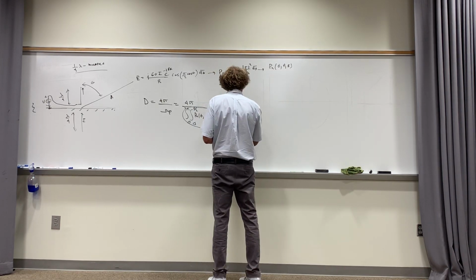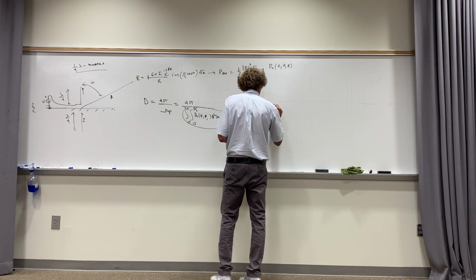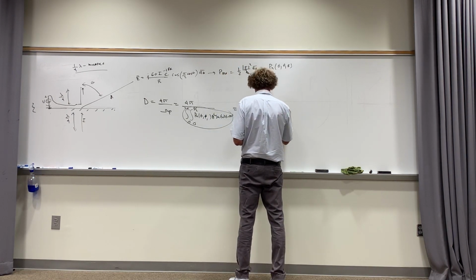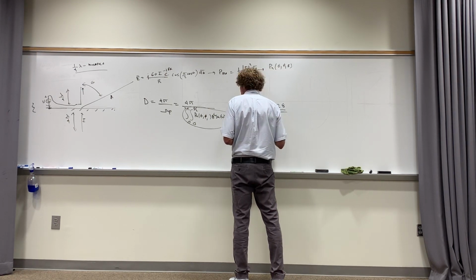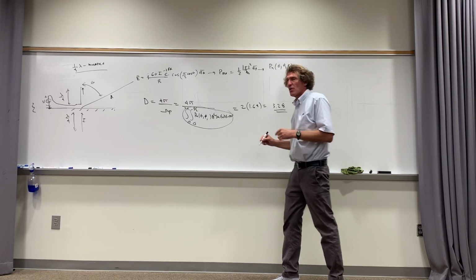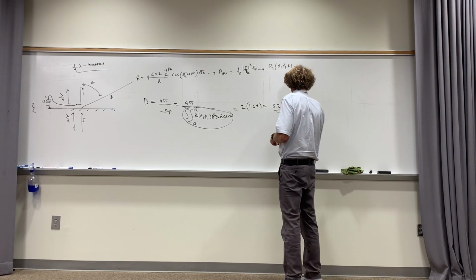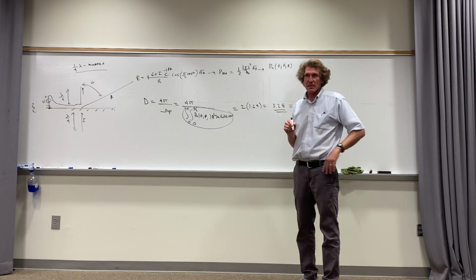A half-wave dipole was 1.64, so this is going to be what? 3.28. That should be in there. That's the directivity, and for all intents and purposes it's the gain as well, because usually the efficiency is about 99%.